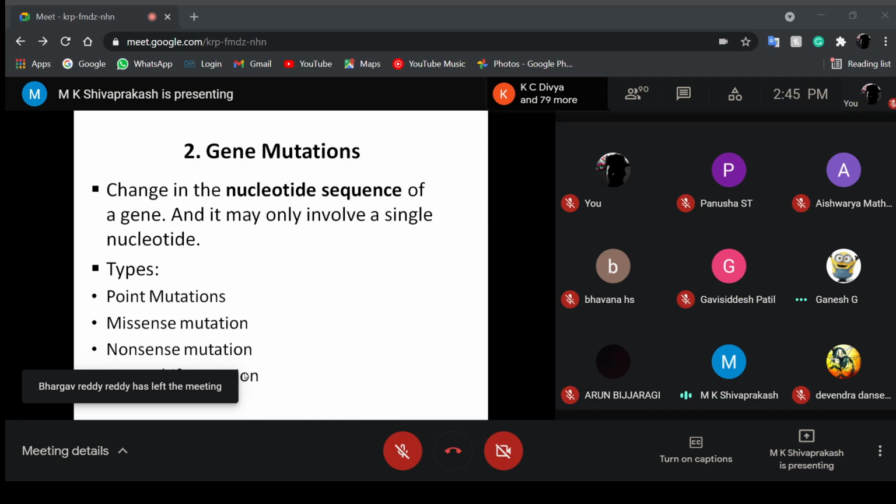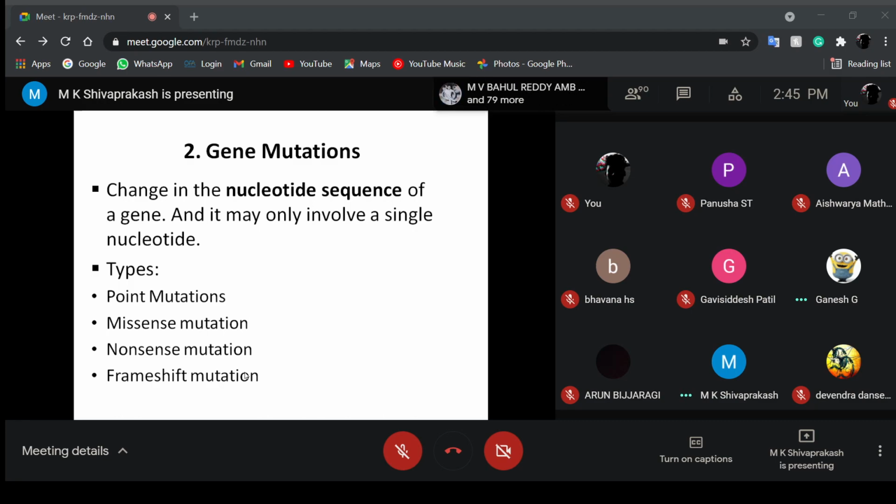Similarly, certain viruses like hepatitis B cause liver cancer. So you have physical mutagens, chemical mutagens, and biological mutagens, and in that class your transposons have a place.